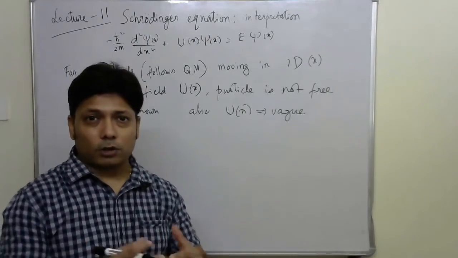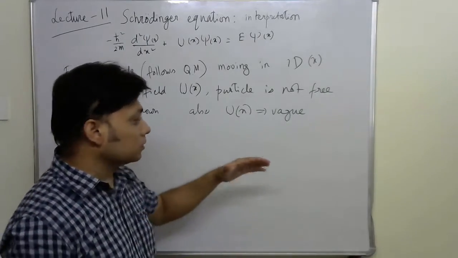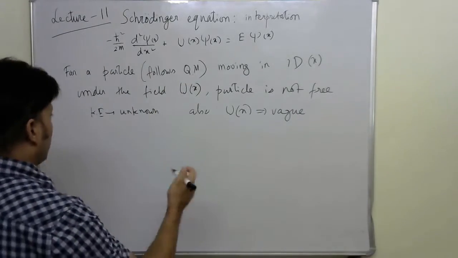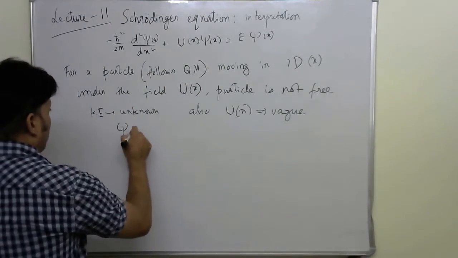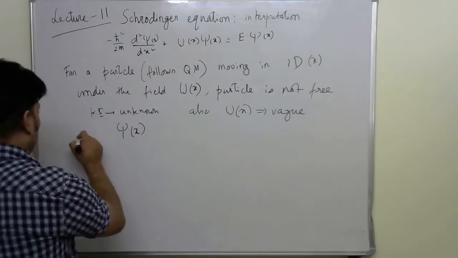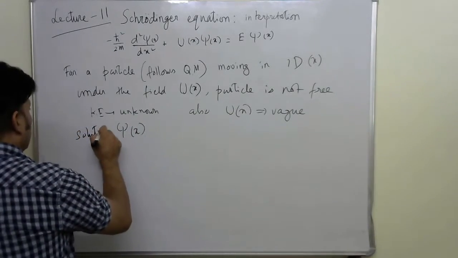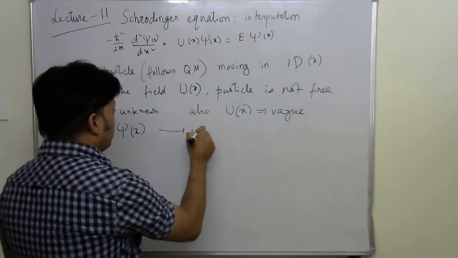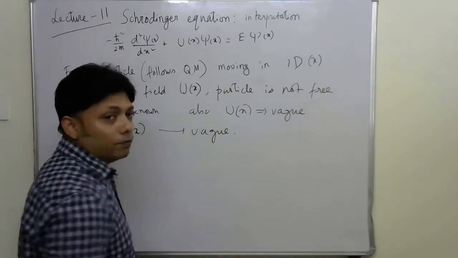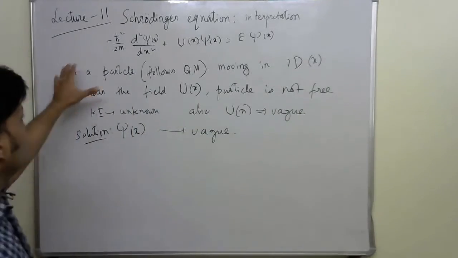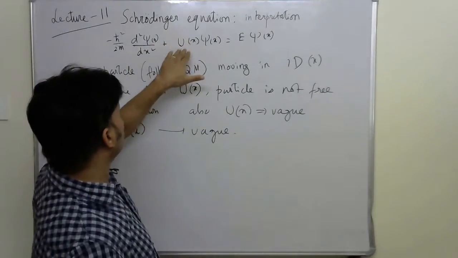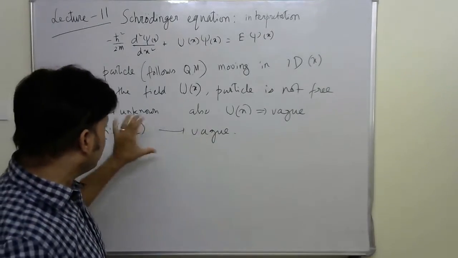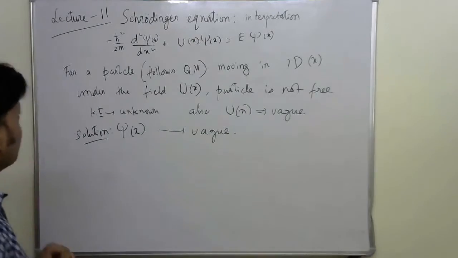Whether it is a simple harmonic force or some electrostatic force or anything, we did not describe it. Therefore the solution psi(x), if we solve the Schrodinger equation, we would also get in a vague form, because we don't know these terms, so we cannot find the exact nature of psi(x).